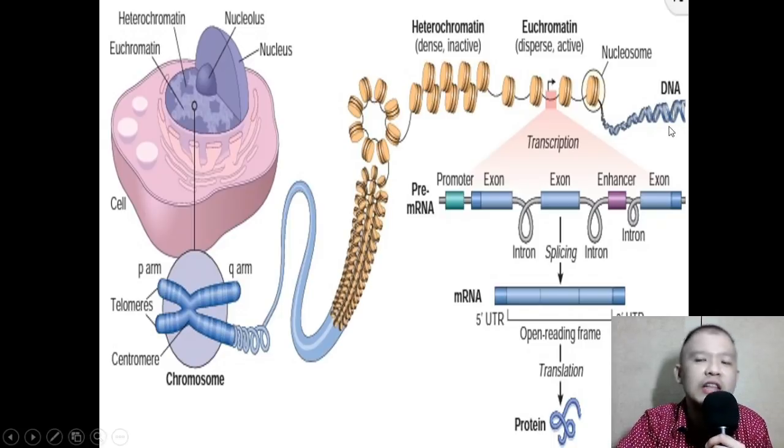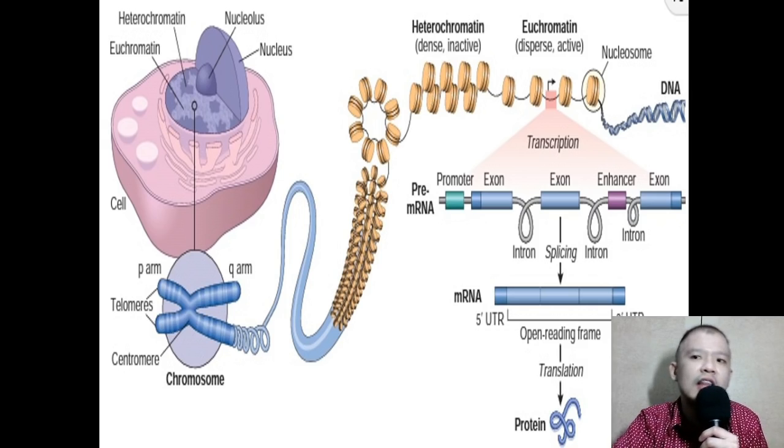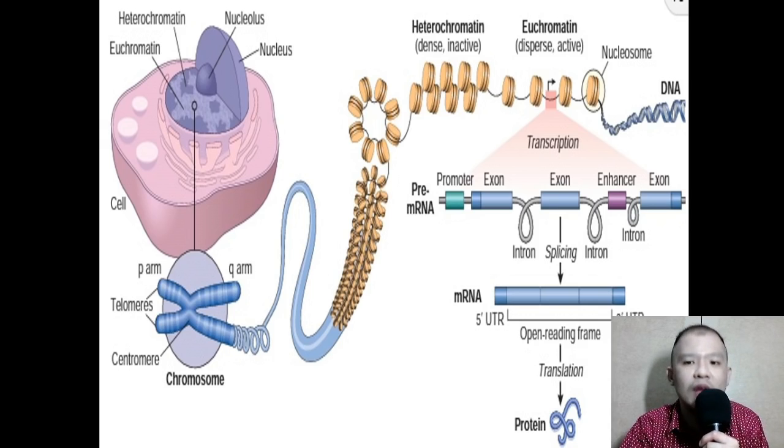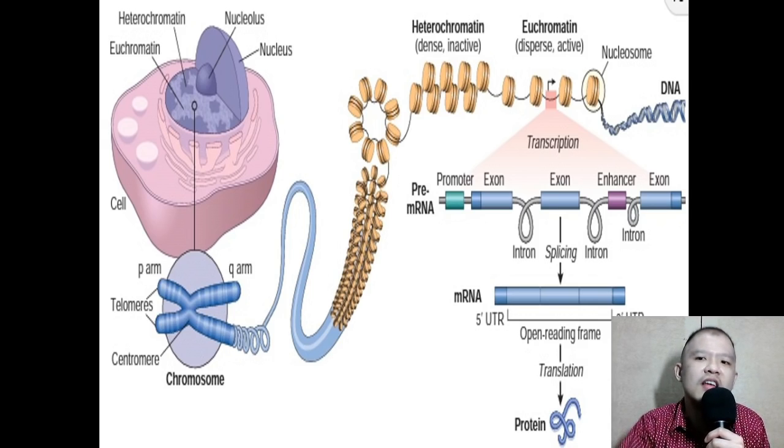The central dogma of genetics states that DNA can be replicated by itself into another DNA, or it can also be transcribed into an RNA. And we know what the purpose of RNA being transcribed is.